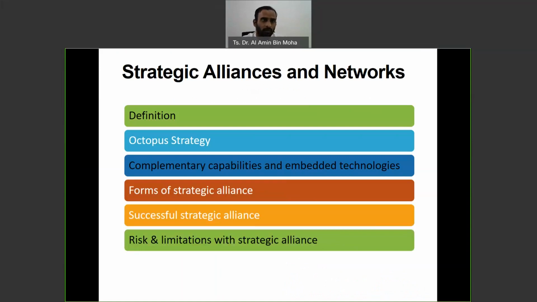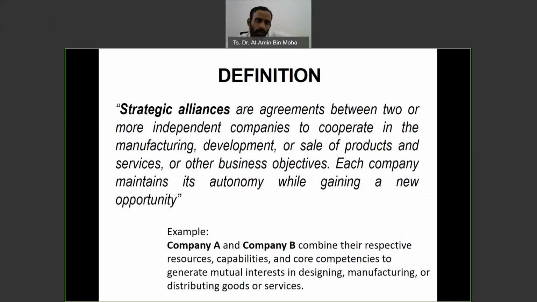We will cover the definition of strategic alliances and networks, the octopus strategy, the complementary capabilities and embedded technologies, forms of strategic alliance, successful strategic alliance, and also the risk and the limitation with the strategic alliance. So let's start. So the definition, what we mean with strategic alliances.